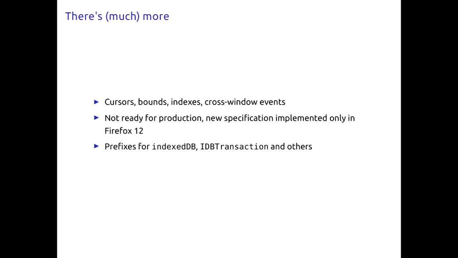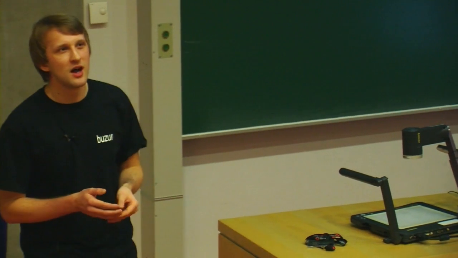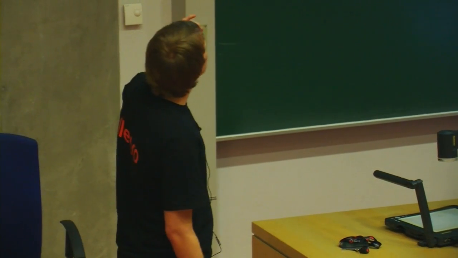We have additional features like cursors. Cursors are basically another kind of request with which I can iterate through all objects in my object store. And there are bounds. I can lay bounds on my cursor.